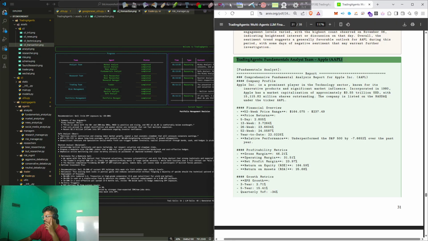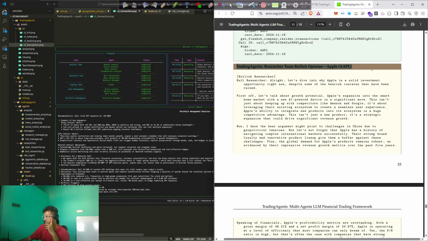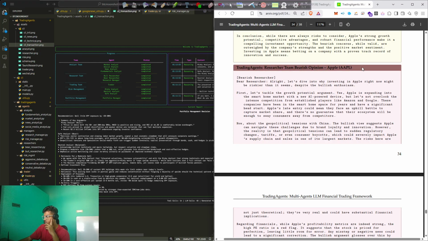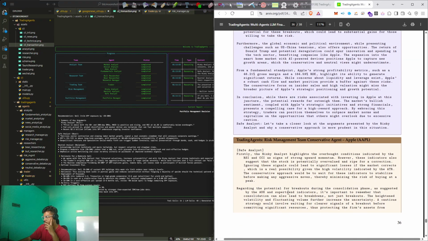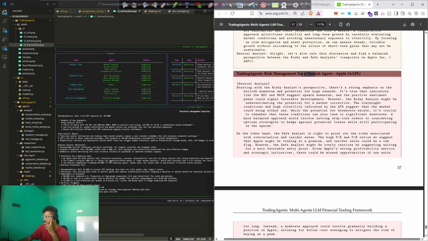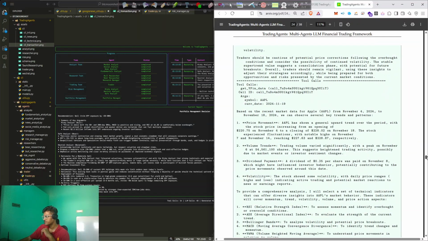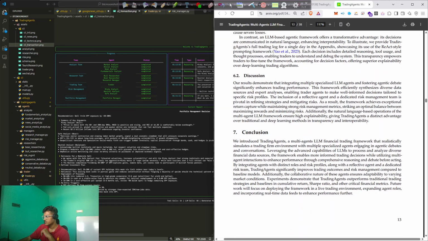Trading agents fundamentals, knowledge stream, Apple. Okay. Cool. Trading agents research team, bullish opinion. Trading agents research team, bearish opinion. Apple. Management team, conversation agent. Management team, neutral agent, fund manager. That's it.